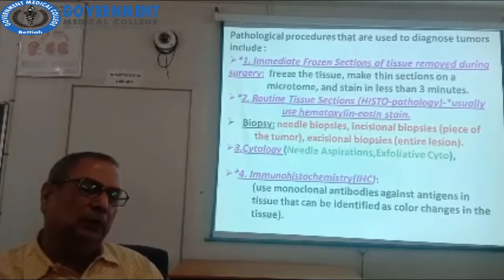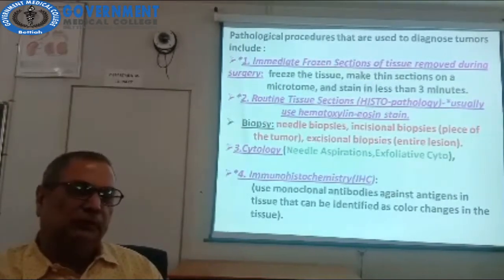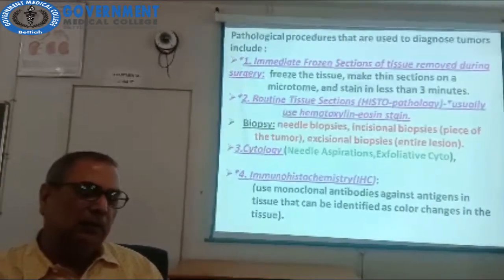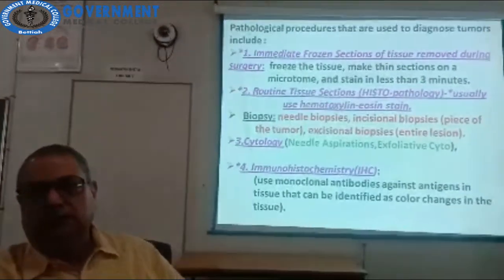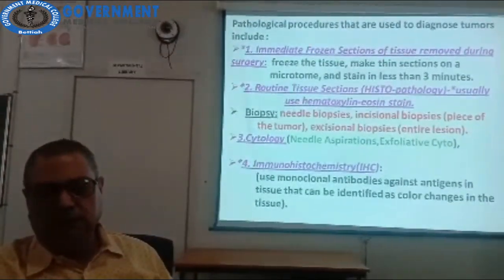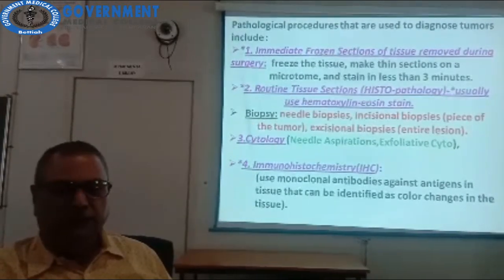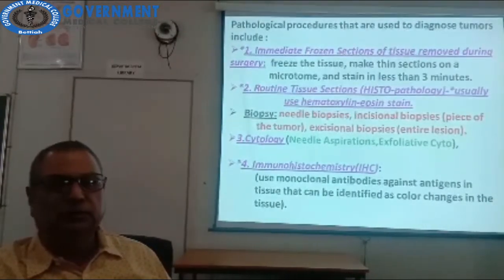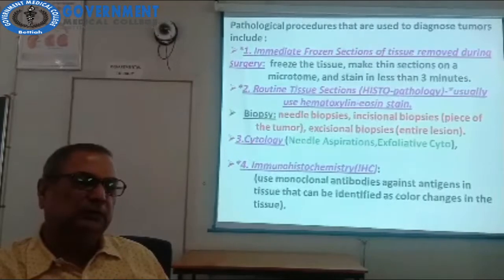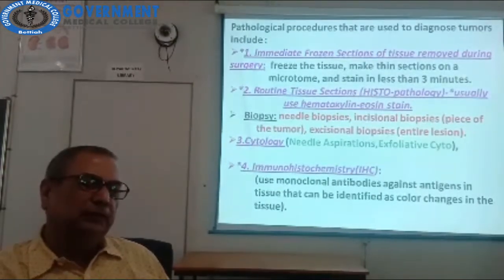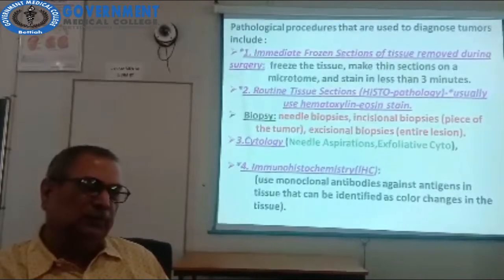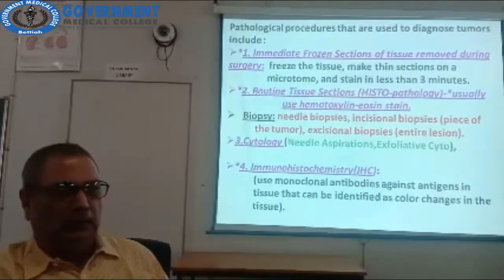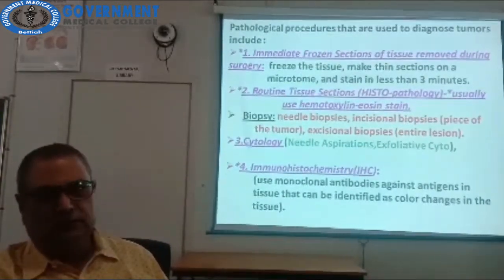and given to surgeons for radical or restricted removal of the tumor, for taking the decision on the surgery to be done. If it is a benign tumor, it is removed locally, and if it is malignant, how far the spread of the tumor is, and how far it is differentiated or undifferentiated.